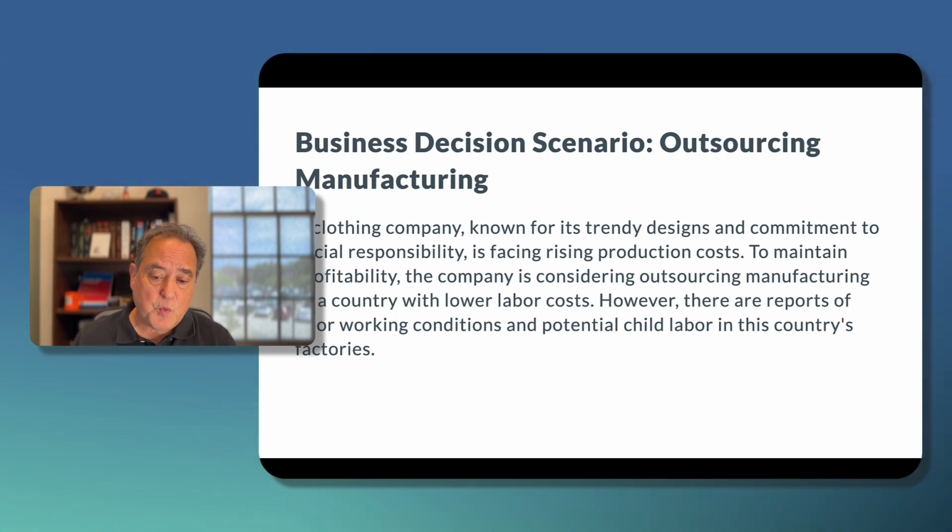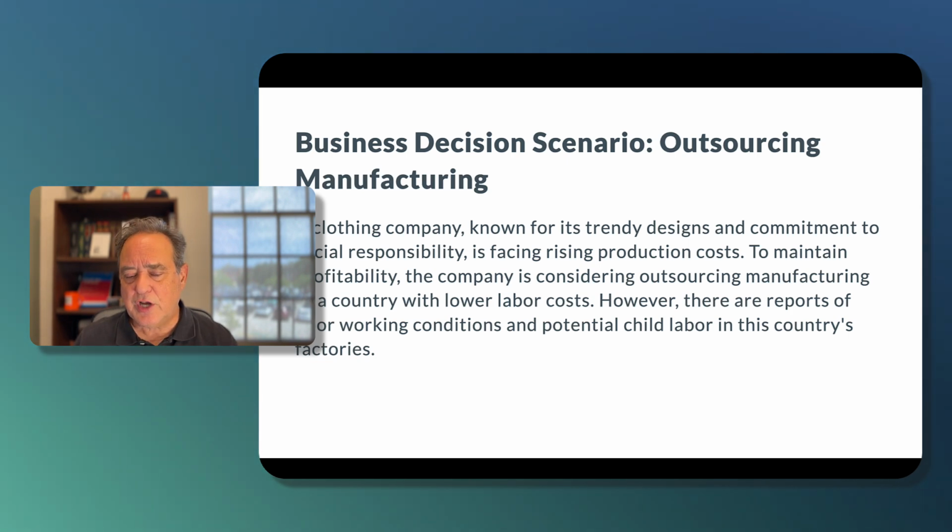However, there are reports of poor working conditions and potential child labor in this country's factories. So this is the problem that the company faces. Should they outsource their manufacturing capacity to a country that perhaps may exploit child labor?